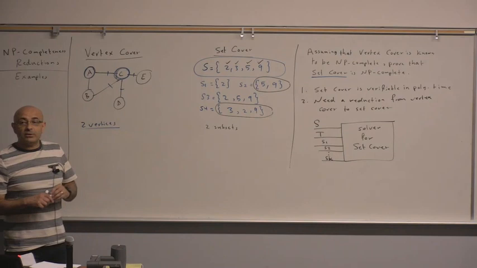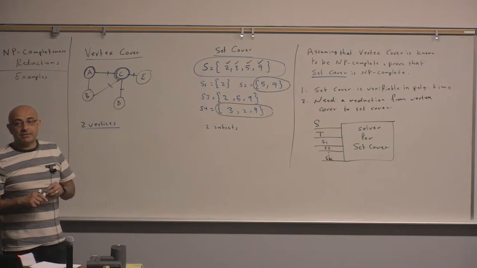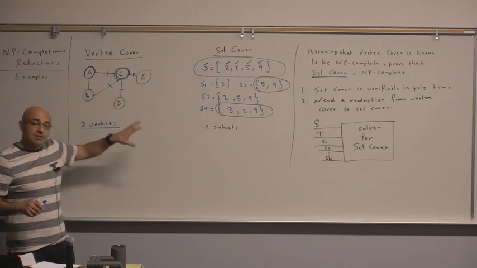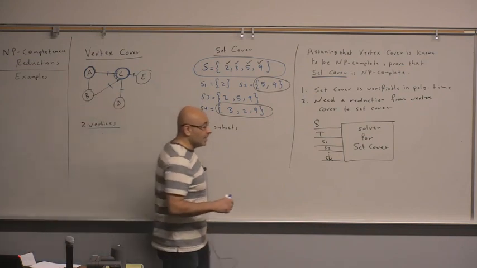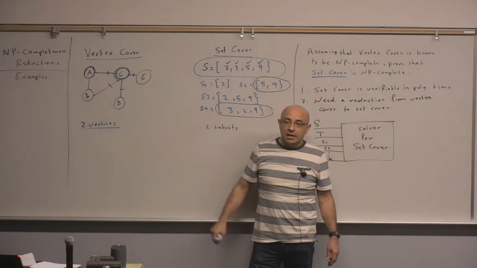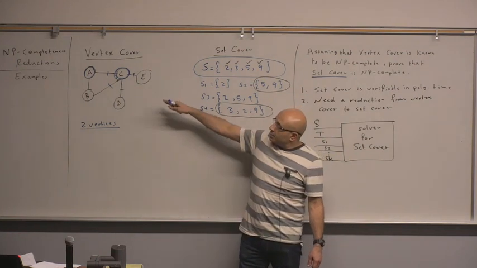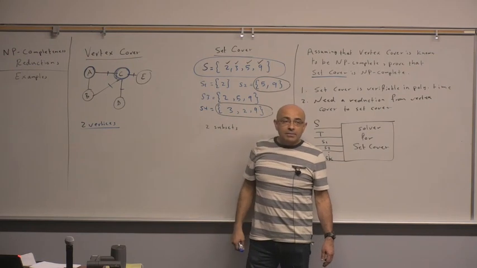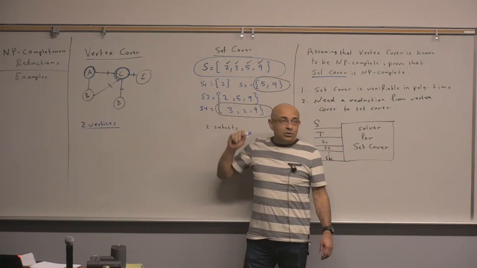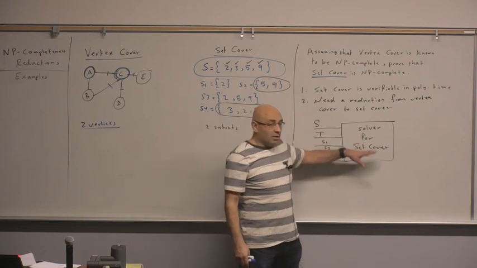It's always a good idea to try with an example first. An example is not sufficient, but it will give you a very good insight. How can we reduce this problem, finding the minimum number of vertices that will cover all the edges, to a set cover solver?